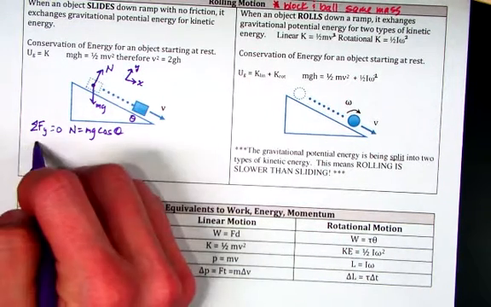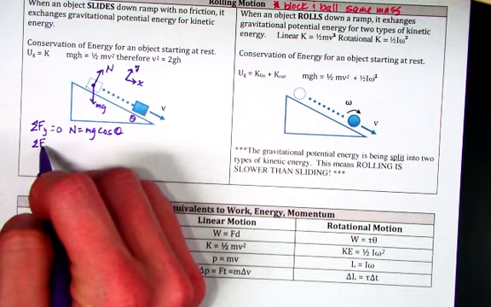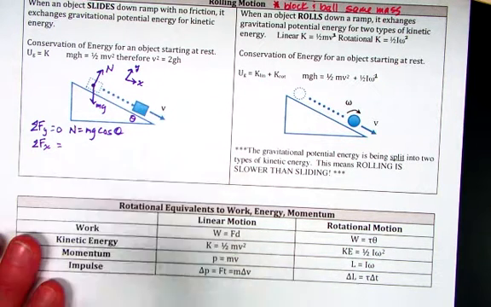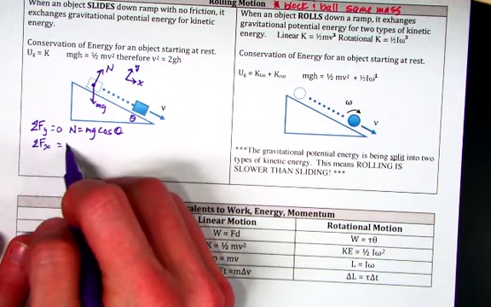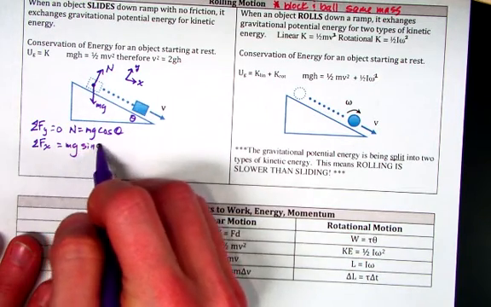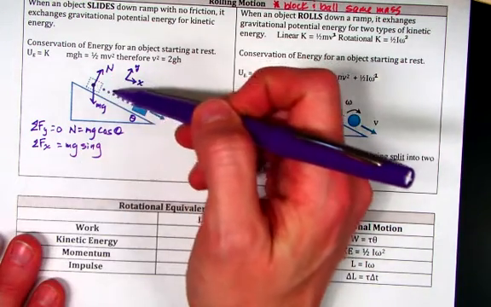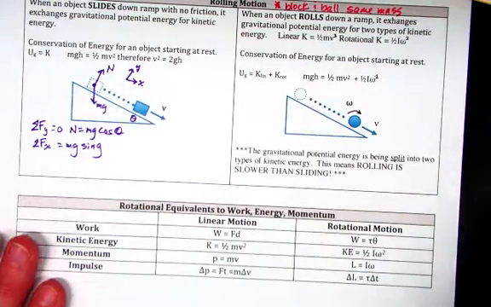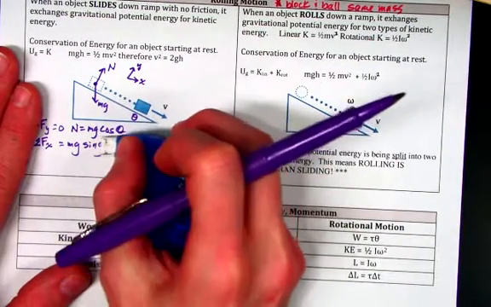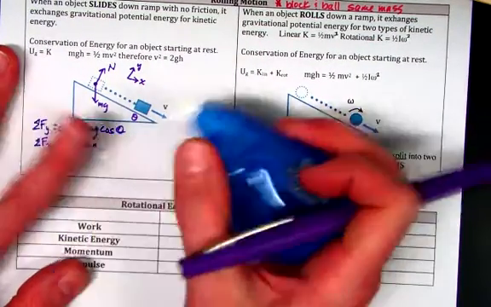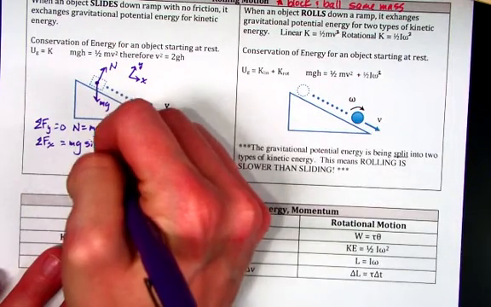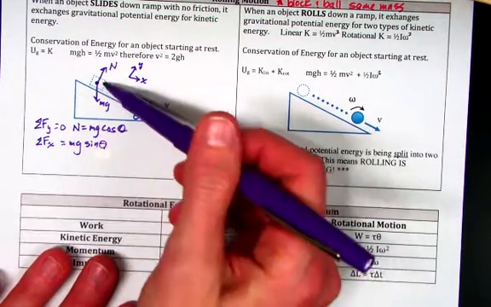Now if I take a look at the net force in the x direction, what is that equal to then? mg sine theta. So mg sine theta is the x component pulling this down. And this is pulling the block down.